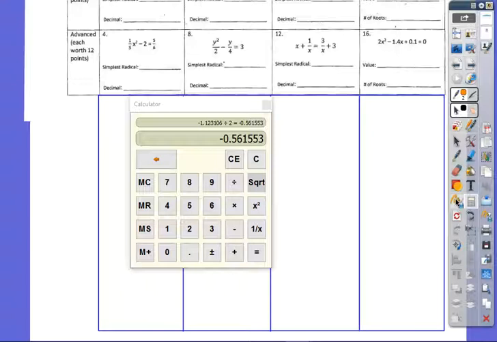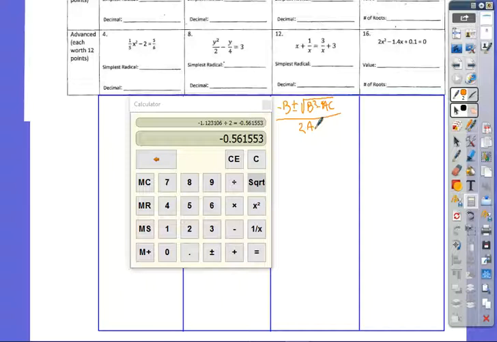Well, it's like a quadratic equation. So let's rewrite the quadratic equation. I need your help with singing again. So 3, 2, 1. X equals negative b plus or minus the square root of b squared minus 4ac all over 2a. Okay, so we have our quadratic expression.